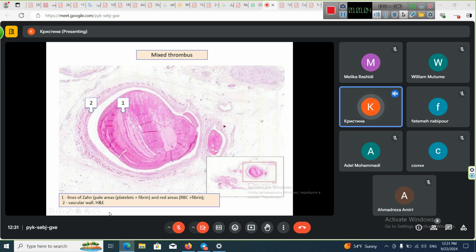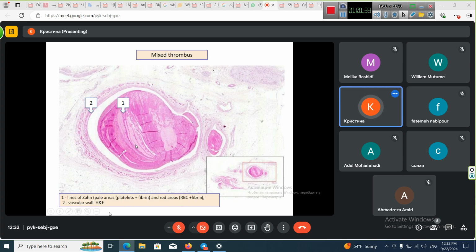In this picture you see the cross-section of a blood vessel, whose wall is marked with number 2 here, and its lumen is almost closed with the thrombus, number 1. All this structure is the thrombus. Number 1 shows lines of Zahn, which are pale and red areas.